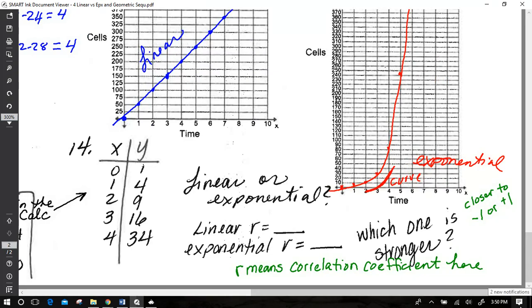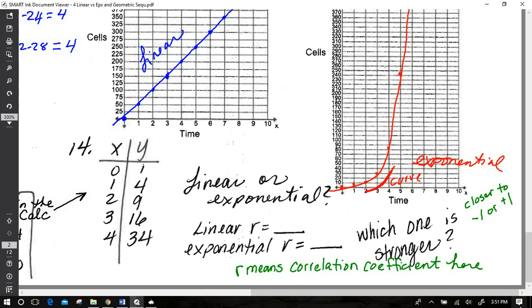So I want you, first of all, to remember how we choose which one is going to be the best fit model using our calculator. If you remember back to our linear functions unit, we were talking about R. Now we have gotten used to referring to R as our ratio, okay?